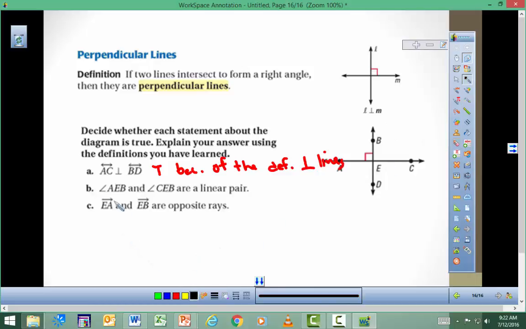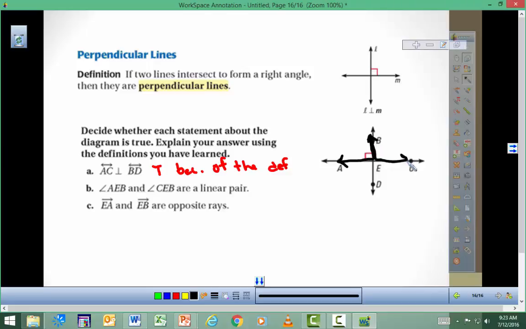Alright, so let's get going again. How about the second part? Angle AEB and CEB are a linear pair. Oh, let's take a look at that. I'm going to erase some of this stuff so I can see a little bit better here. AEB. Well, AEB is this angle. And CEB, well, that's this angle over here. And you'll notice that they do have a common ray here, or common side.